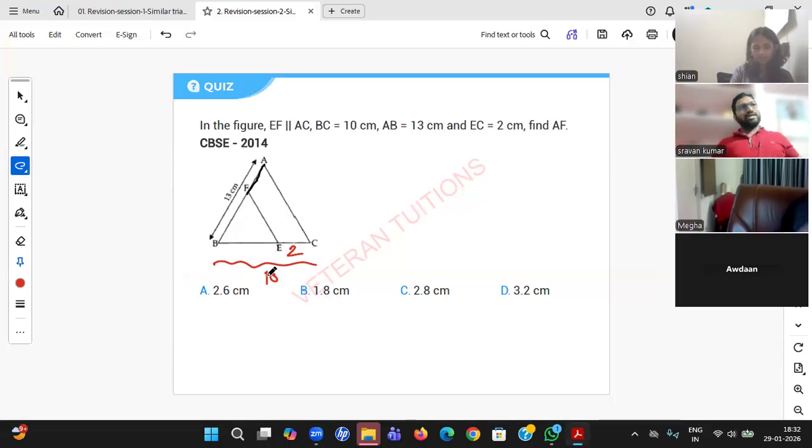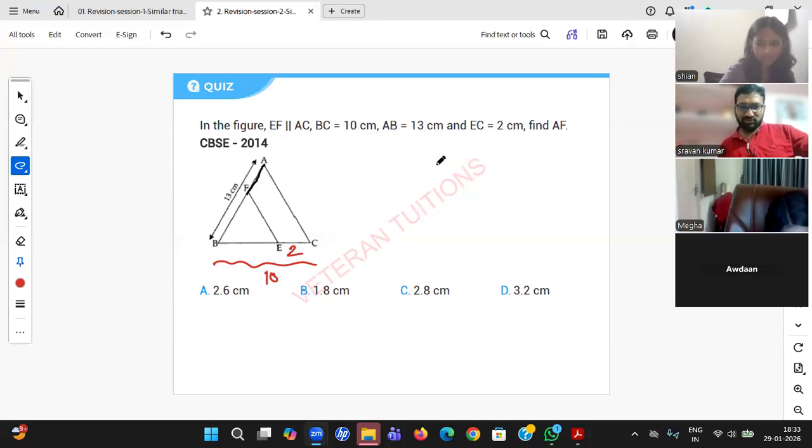That's up to you. You can use anything, basic BPT or the extension or corollary of BPT, both will work. I'll use the corollary because he has taken the full thing.